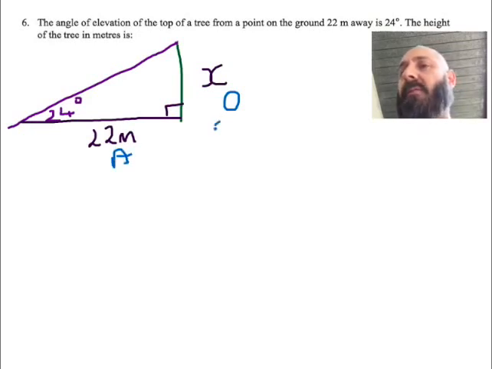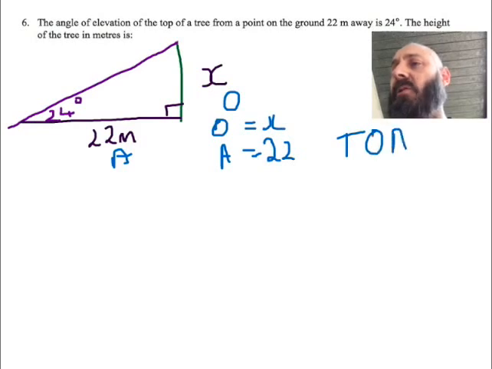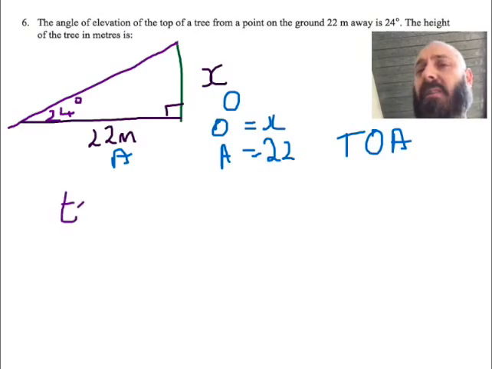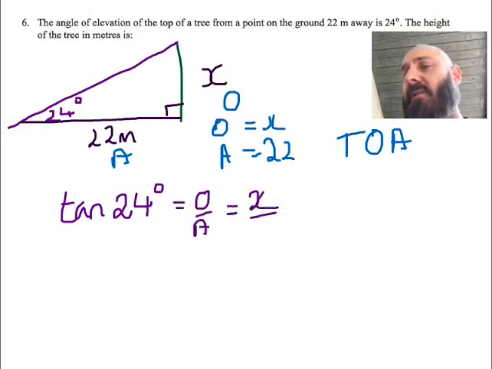So I have opposite equals x, adjacent equals 22, and from my Sohcahtoa, I hope we will use tan, it's opposite over adjacent. If I do this, tan 24 degrees, it's opposite over adjacent is x over 22.